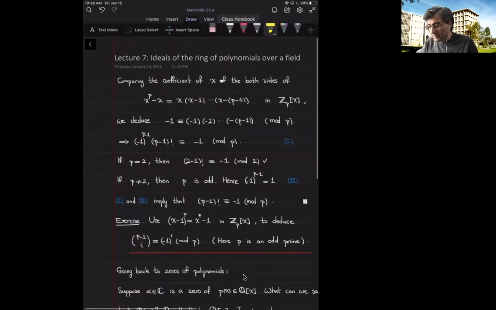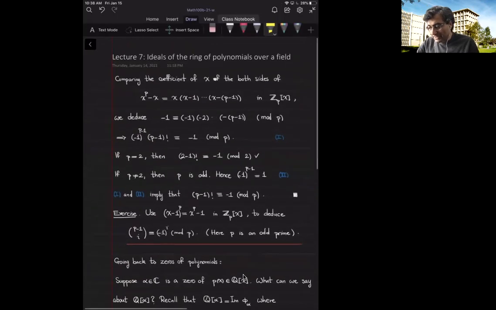Now that these two polynomials are the same, I can compare their coefficients. Two polynomials are equal if and only if all the corresponding coefficients are the same. So I pick the coefficient of x and compare it on both sides.